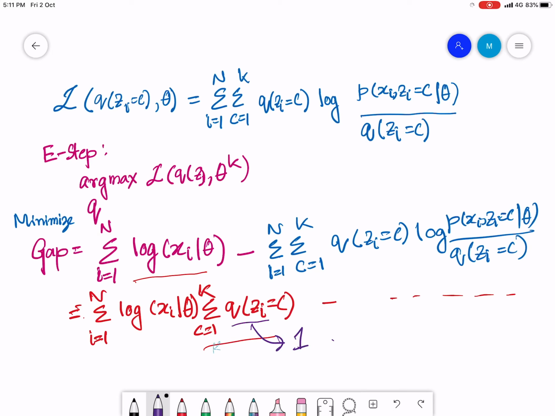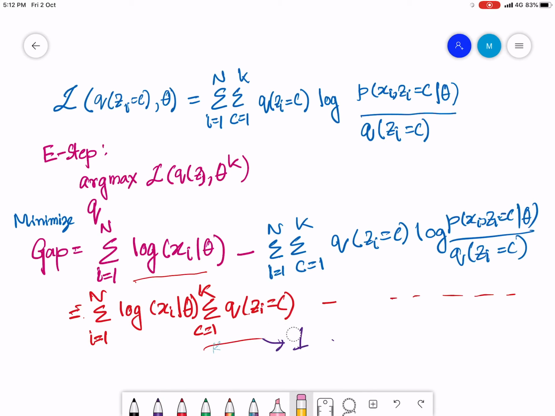Because Q is a probability distribution on the random variable Z, and Z can take on a value c, all possible values c can take are 1 to K. So if we add up all these probabilities q, we are adding up the entire distribution, so this is equal to 1. So I can always multiply this log of p(x i given theta) by this quantity.